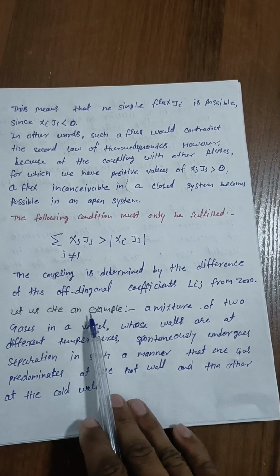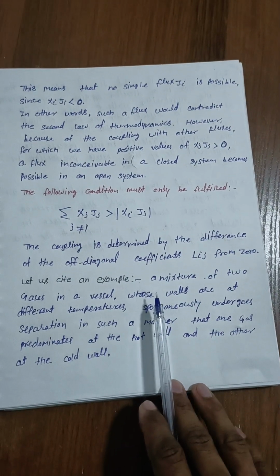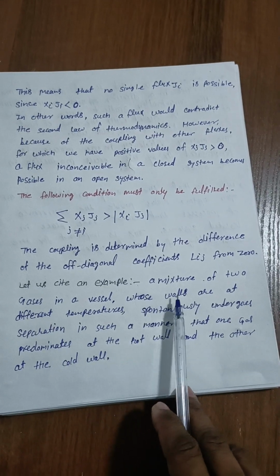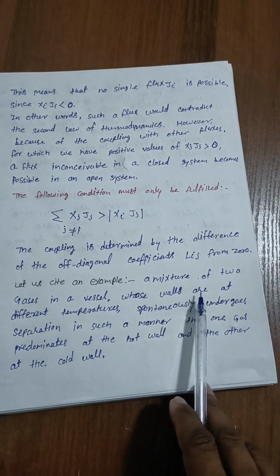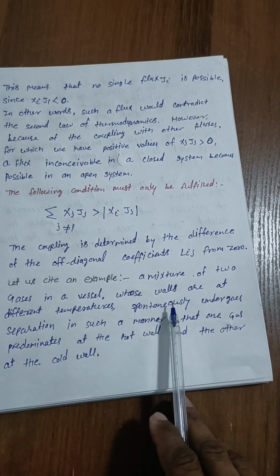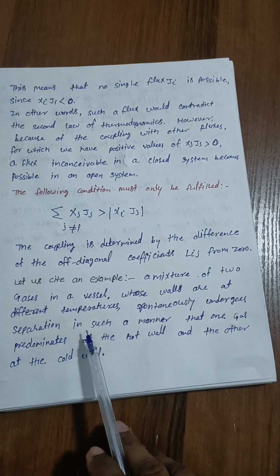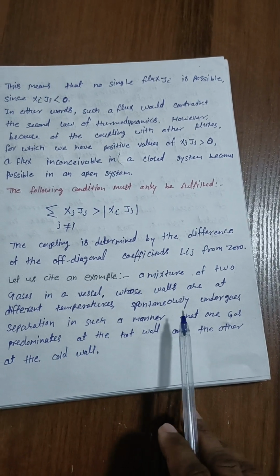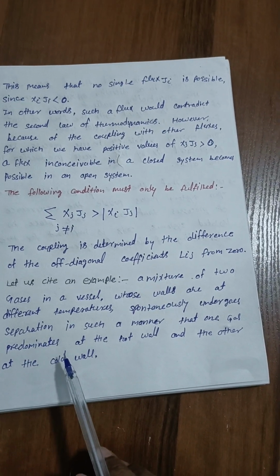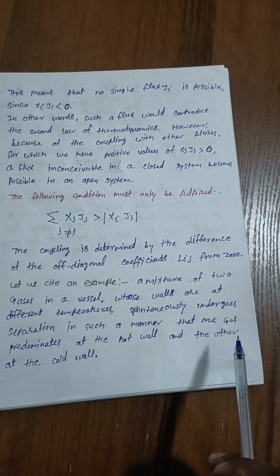Let us cite an example. A mixture of two gases in a vessel whose walls are at different temperatures spontaneously undergoes separation in such a manner that one gas predominates at the hot wall and the other at the cold wall.